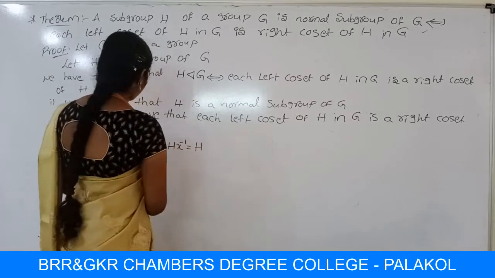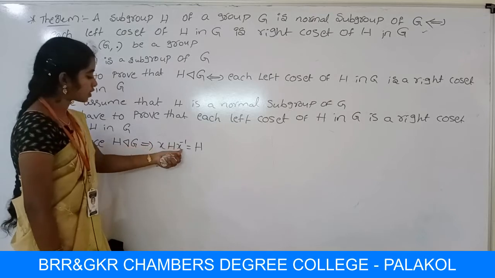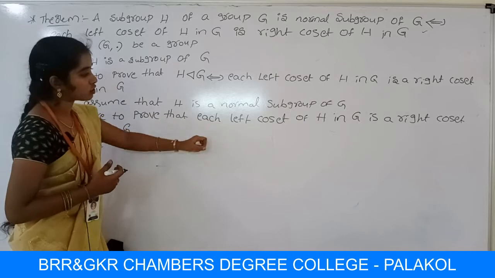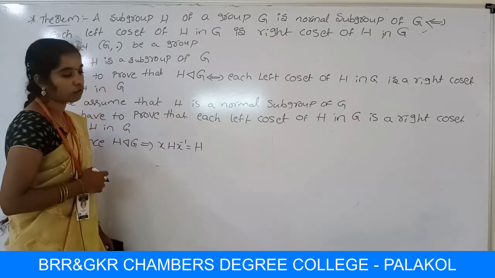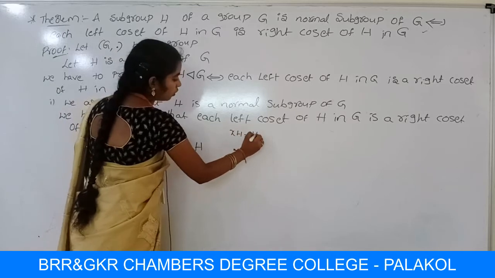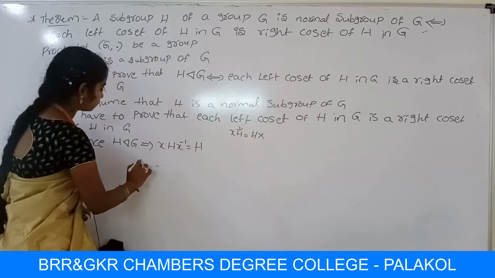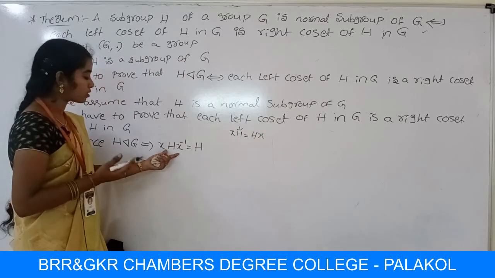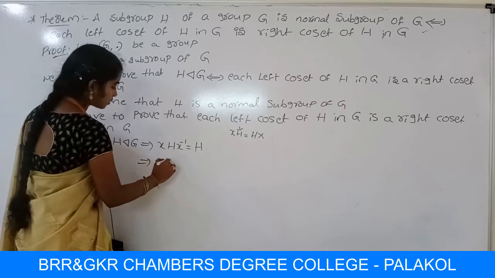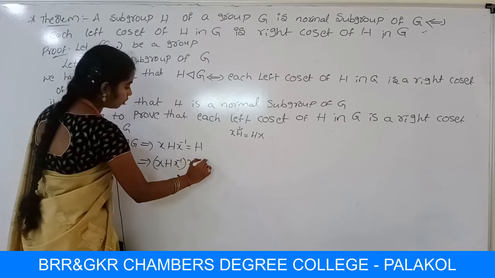So H is a normal subgroup of Z, so that implies xHx inverse equal to H. So we have to prove that each left coset of H in Z is a right coset of H in Z. So that means left coset xH equal to Hx. So multiply on both sides, on the right, by x. So xHx inverse into x equal to Hx.